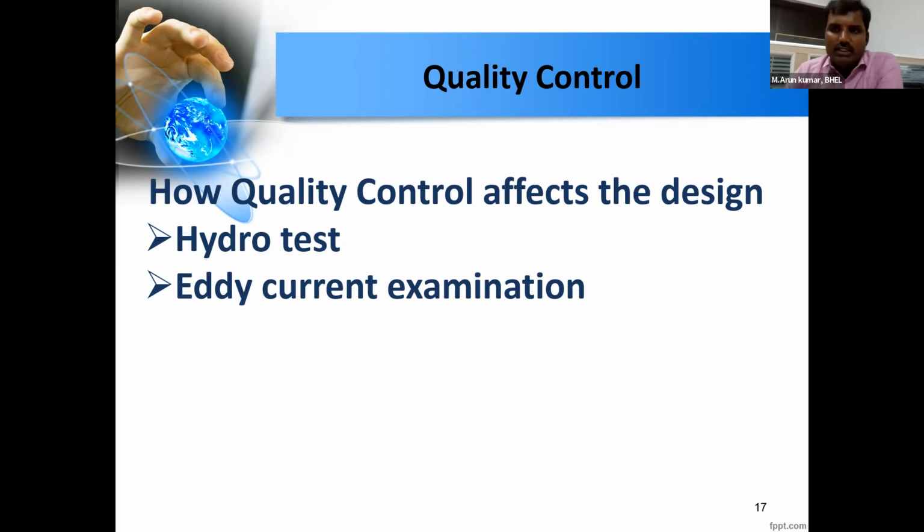Then the eddy current examination of tubes being used for our heat exchangers involved in nuclear application. What happens? This eddy current examination sometimes gives a percentage wall loss, that is percentage wall thinning, in some locations.